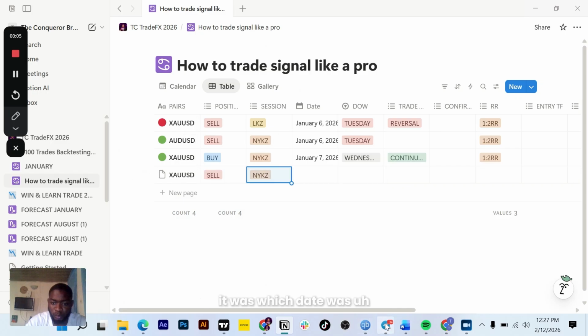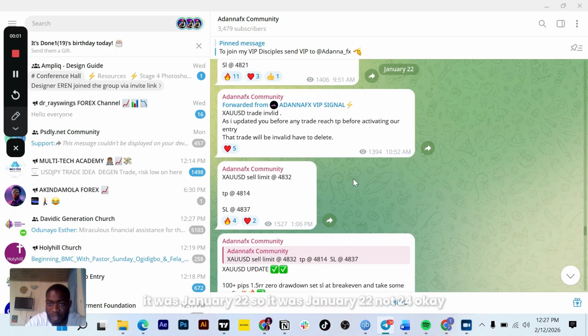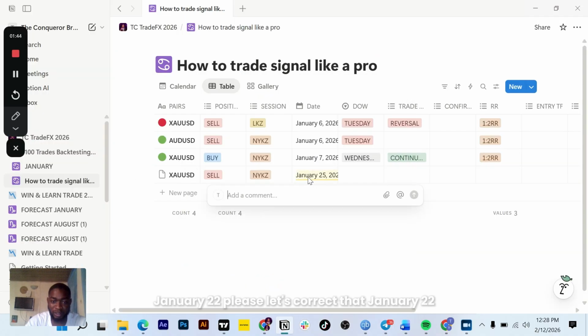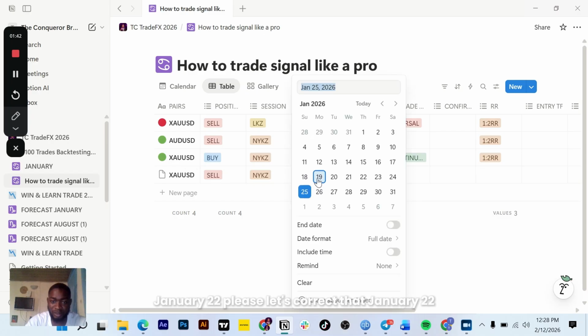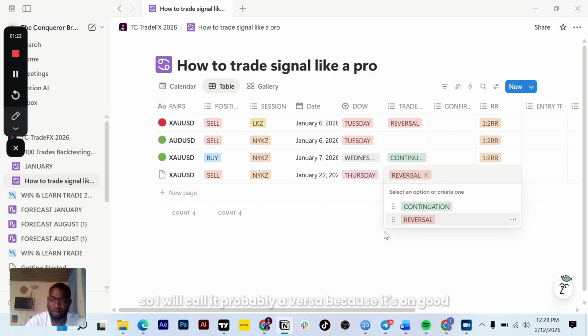It was which date? January 22, not 20. Okay, January 22, please, let's correct that. And it was on Thursday. So let's mark Thursday. It was a sell, so I'll call it probably reversal because it's on gold.